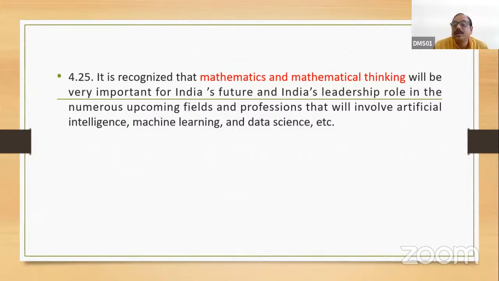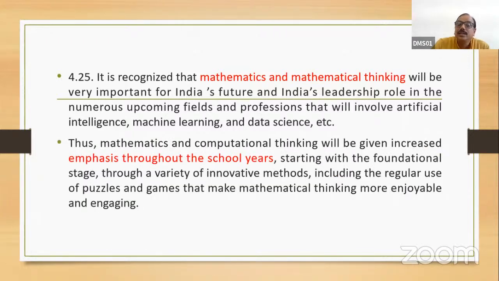So it is in that context they say that mathematics and mathematical thinking must be the core element of all these factors. And therefore, they emphasize the role of mathematics throughout the school years. So you can see that up to class 10 there is no option for students to study maths or to eliminate maths.